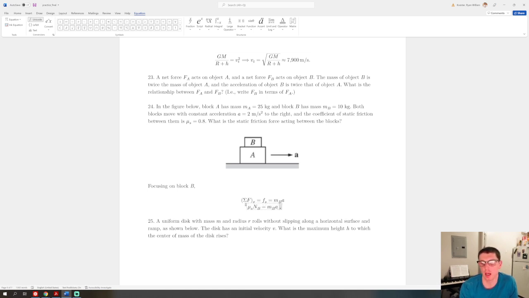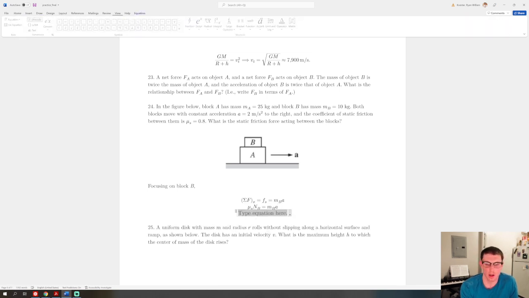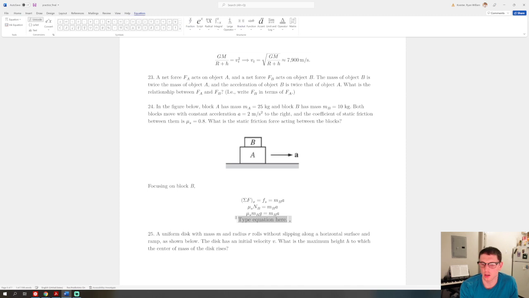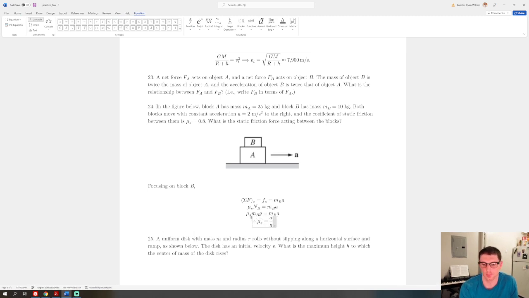Therefore, we could write this as mu sub s m_B g equals m_B a, and the acceleration divided by g gives you mu sub s, right? So it should be like 4.9.